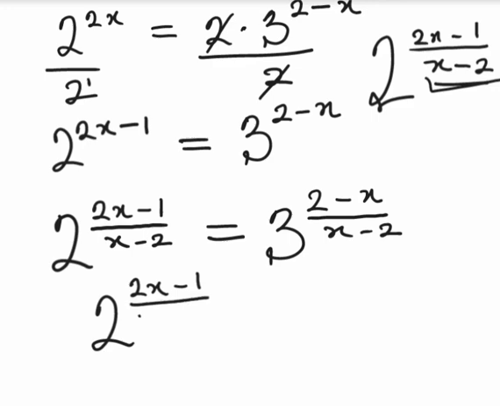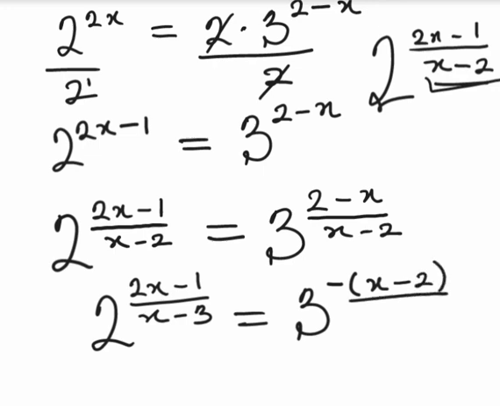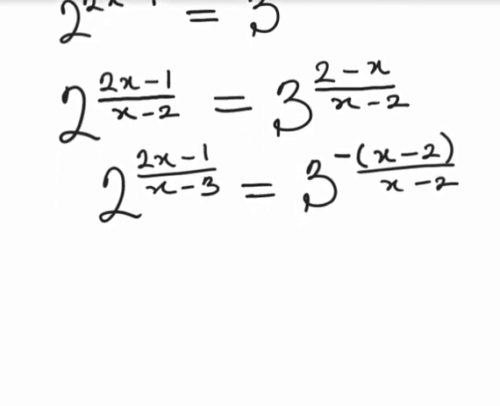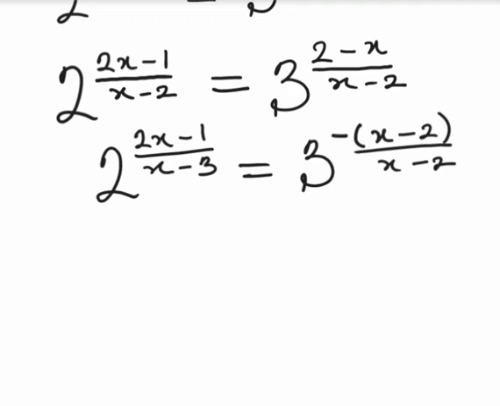So let's simplify our right hand side, that is 3 raised to the power of (2 minus x) over (x minus 2). You can see the numerator and denominator are not the same, but we can manipulate them to be the same. We can factor out minus 1 here, then we write (x minus 2) everything divided by (x minus 2). From here we can see that the numerator and denominator can easily cancel out.